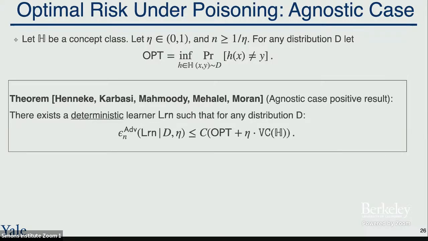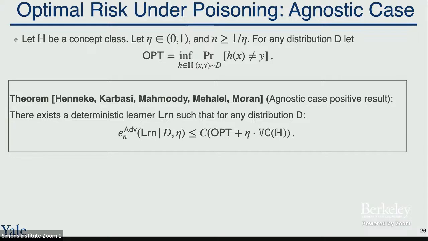So in the agnostic case, what we can show is that there exists a deterministic learner whose risk is going to be C times opt plus eta times the VC dimension. This is what we had before. This is the opt that we are competing against. The issue with this bound is that C is more than 1.